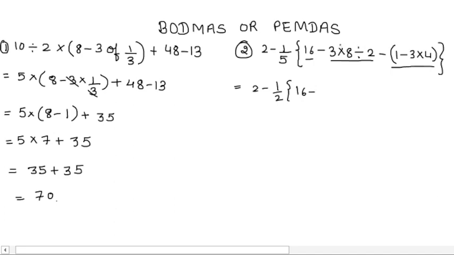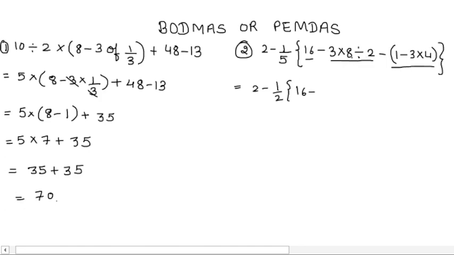Depending on what you are using, BODMAS or PEMDAS: in BODMAS, division comes before multiplication, whereas here multiplication comes before division. Now you may ask, why are there two different rules to solve the same thing? It is because whichever you choose first, whether you perform multiplication first or division, the answer is going to be the same over here.